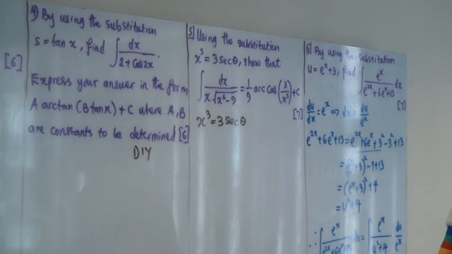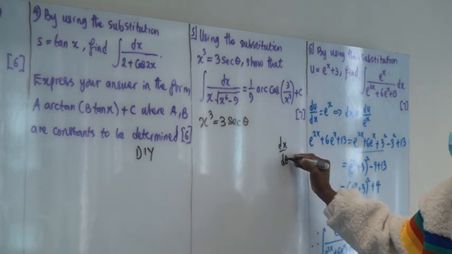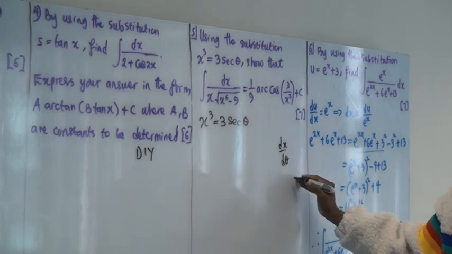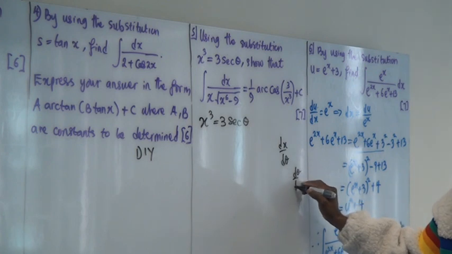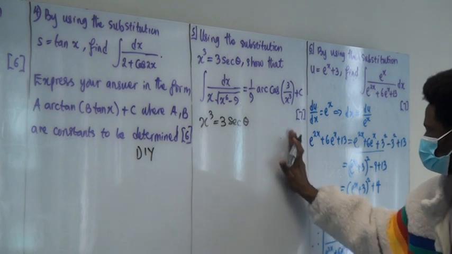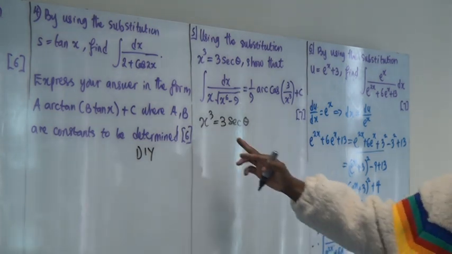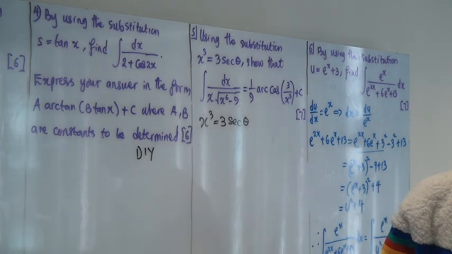Okay? So if you want to get dx d theta, or if you want to get d theta dx, it's now up to you. If I want to do dx d theta, it means my x is like my y. So each time I differentiate x, I must put dx d theta. Am I making sense?